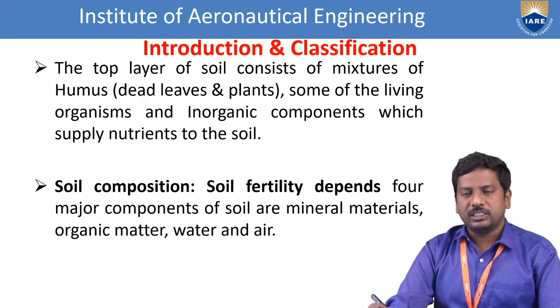So first of all, we see the classification of the land resources. The first one is soil composition. That means soil fertility depends upon the four major components of the soil: mineral materials, organic matter, water, and air. The first one, mineral materials, comes from inorganic components like zinc, silica, iron.